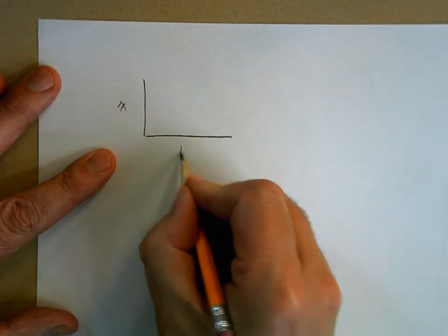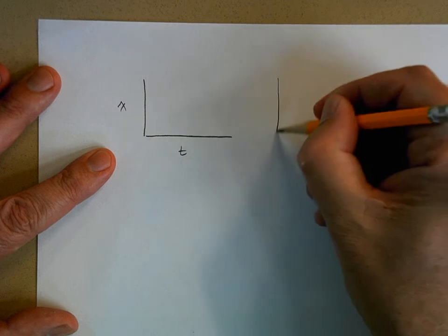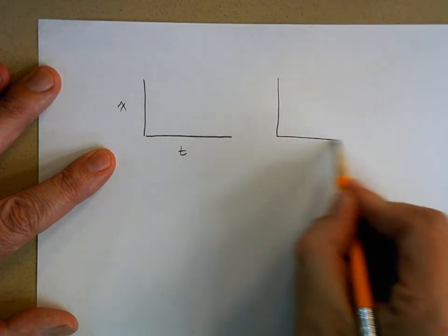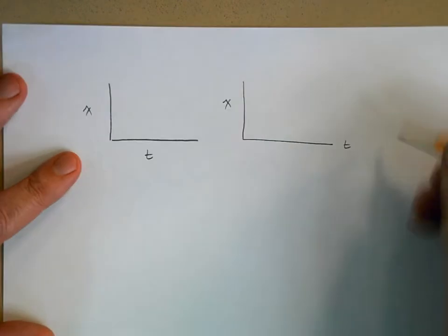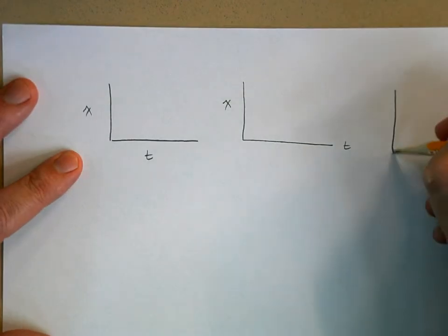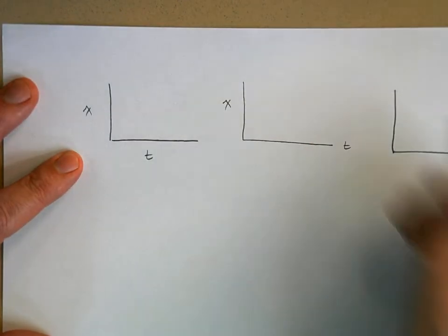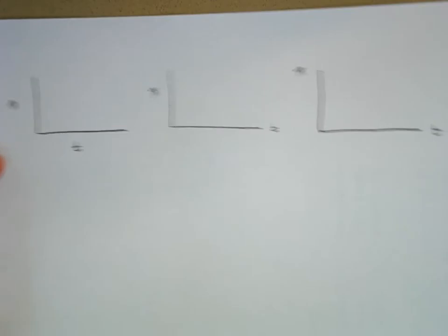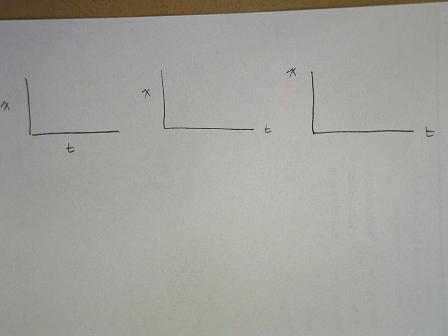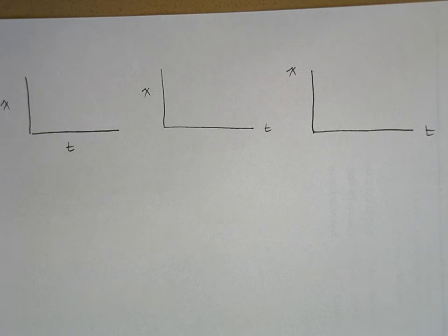Position as a function of time. Position as a function of time. And then we'll do three of them. Position as a function of time. And what I want you to do is right underneath it, draw the velocity versus time graph for it.